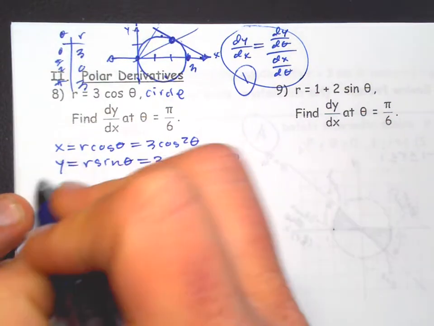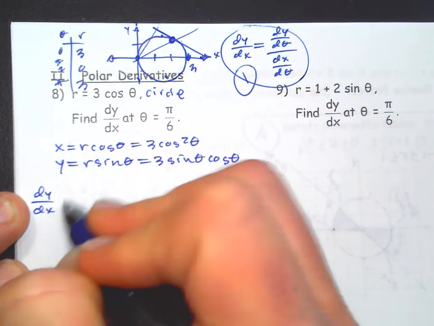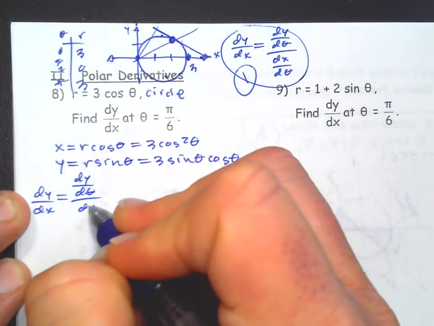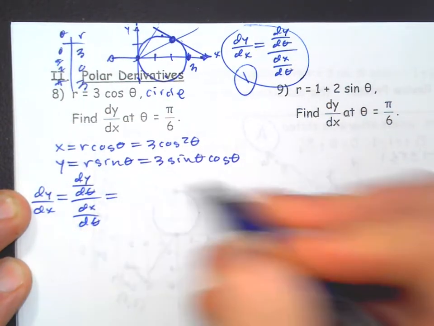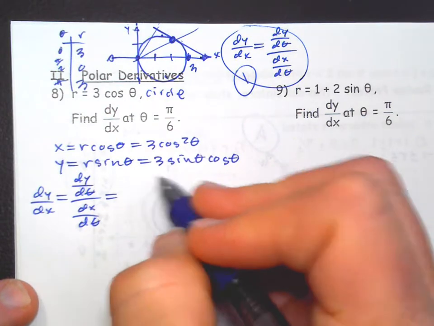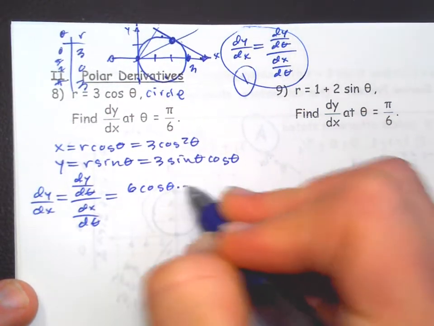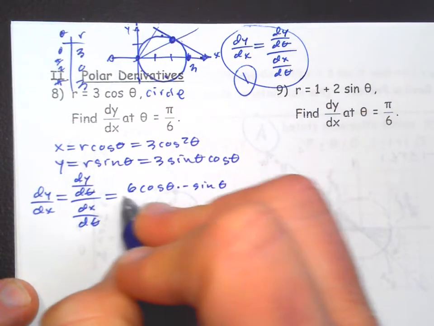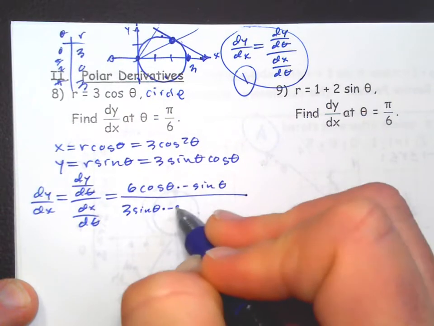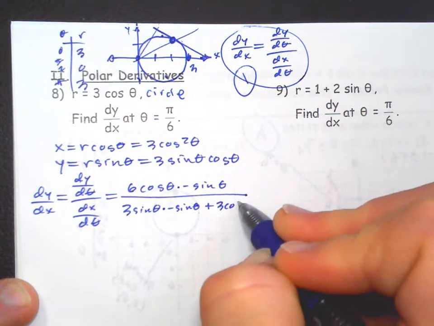And then we're going to do dy/dx equals, like I said, dy/d theta over dx/d theta. So we're going to probably have to do some product rules and stuff. So this one, the top, I guess we could just do 6 cosine theta and then negative sine theta, because we'll combine those together. The bottom's going to be 3 sine theta times negative sine theta plus 3 cosine theta cosine theta.